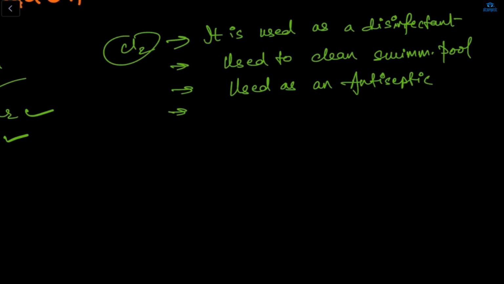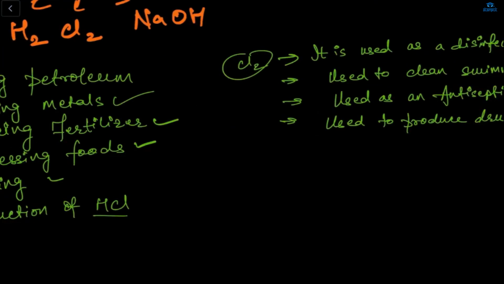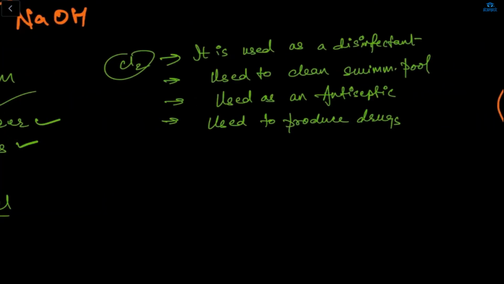Used as an antiseptic, and the last one is used to produce drugs. So these are the uses of chlorine gas. Chlorine gas is used as a disinfectant, to clean our swimming pool, as an antiseptic, and also to produce drugs.